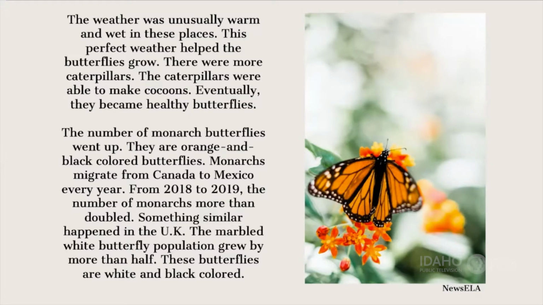Something similar happened in the UK. The marbled white butterfly population grew by more than half. These butterflies are white and black covered. It sounds like in this article, we are reading about how the number of butterflies went up.